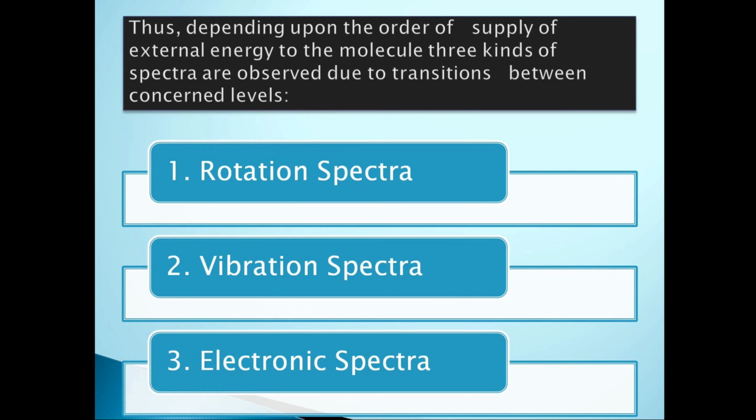Now come to the next point. Thus, depending upon the order of supply of external energy to the molecule, three kinds of spectra are observed, and they are rotational spectra, vibrational spectra and then electronic spectra. Here is the meaning of spectra, I mean the spectrum. So in a spectrum, what happens? The electromagnetic radiation is distributed into energies, and they are reflected in terms of frequency.